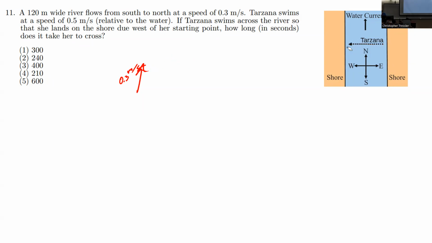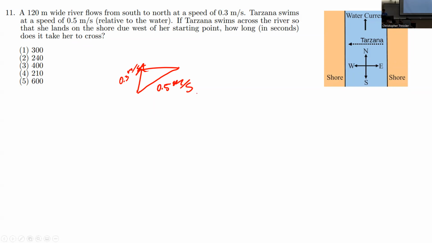What this actually means is that Tarzana is moving straight that way, but to move straight that way, you're partially swimming down in order to cancel out the upwards motion of the water. So Tarzana is moving that way, but her velocity is that way. So now we have 0.5 meters per second in that direction.